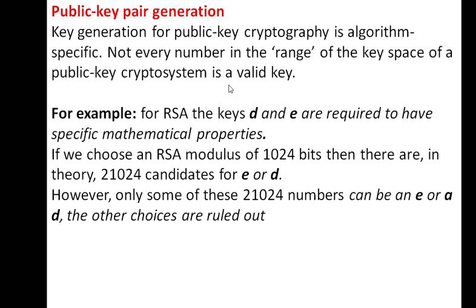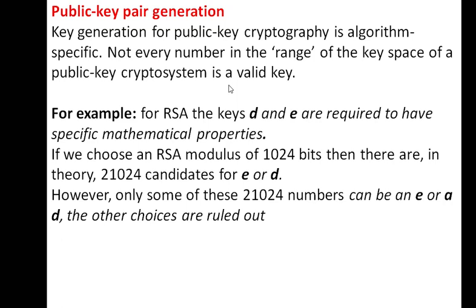If we choose an RSA modulus of 1024 bits, then there are in theory 2^1024 candidates for e or d. However, only some of these 2^1024 numbers can be an e or a d. The other choices are ruled out.